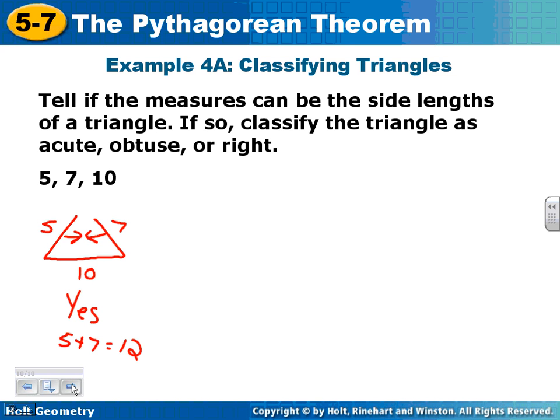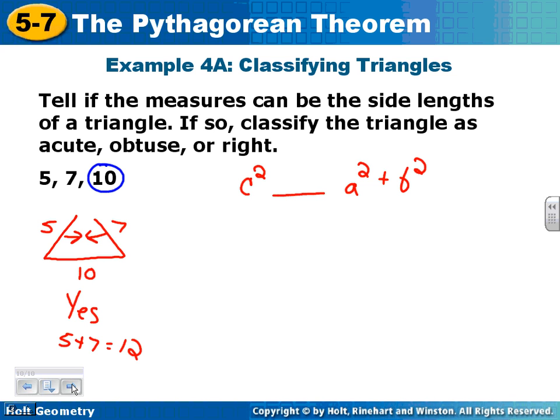Then it says, if so, classify the triangle as acute, obtuse, or right. So I have to do this one. c squared, leave a blank, a squared plus b squared. And I'm going to fill in that blank with either a less than symbol, a greater than symbol, or an equal sign. Let's do that now. c squared, c is always my longest.